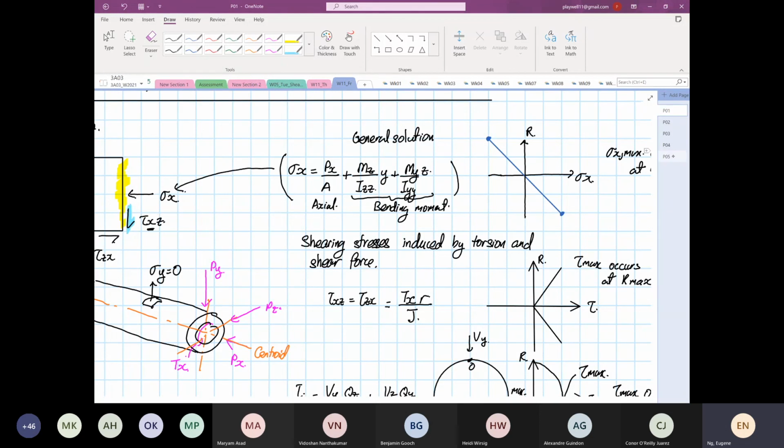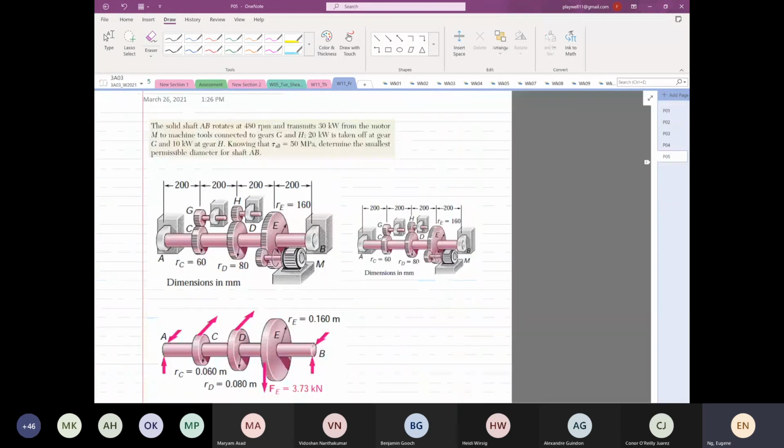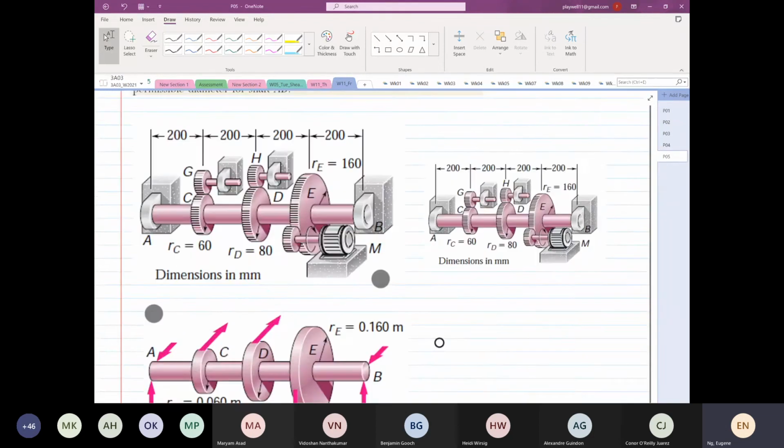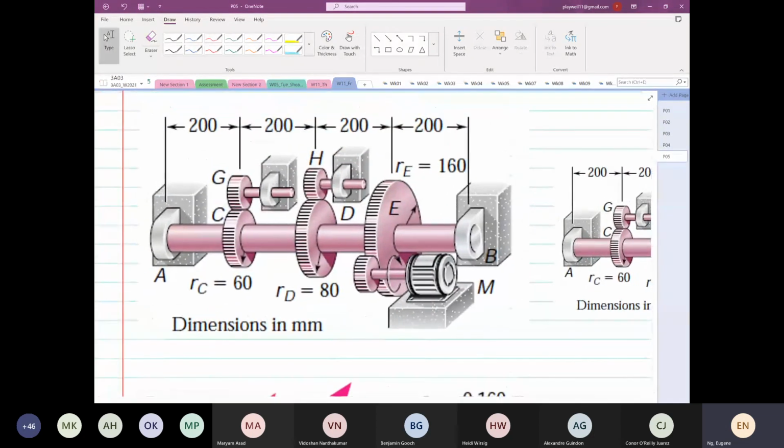But if you look at a shaft like this or a system like this, you have a motor over here and you have all your gears. This is a normal transmission shaft. Why do I say normal? Because you have no stress X, it is equal to 0. That is the normal case.